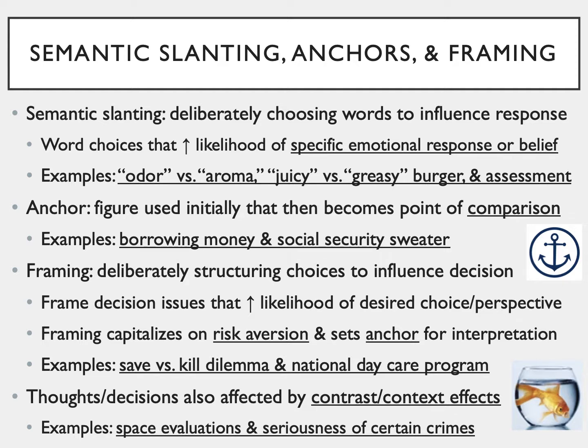Some examples might be using the term odor versus the term aroma, since odor has a negative connotation and aroma has a positive one. Or a juicy burger versus a greasy burger. On the outside, they might look the same. But if I'm Burger King and I'm advertising my newest burger, juicy is a much better word. But if I'm Subway, a greasy burger makes more sense.